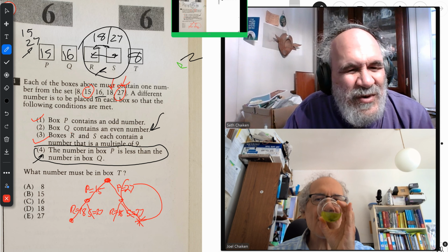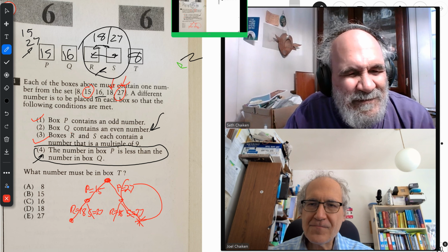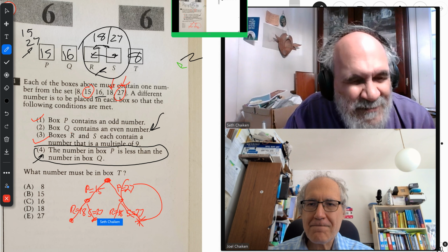So Q could either be 16 or 18. It can't be 18. Look, what about this branch?